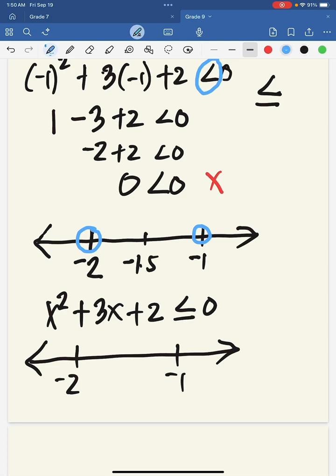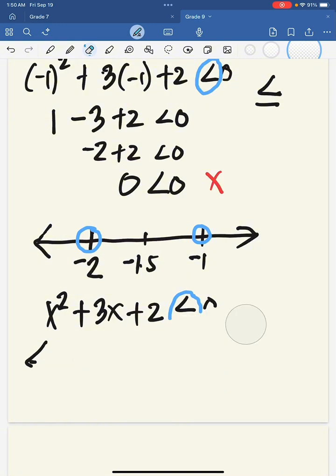Again, since this one has an equality symbol, instead of having an empty space for both critical values, this time they are shaded. They are shaded this time because the inequality symbol is paired with an equality symbol, compared to the first one. Anyway, let's erase this first to avoid confusion.